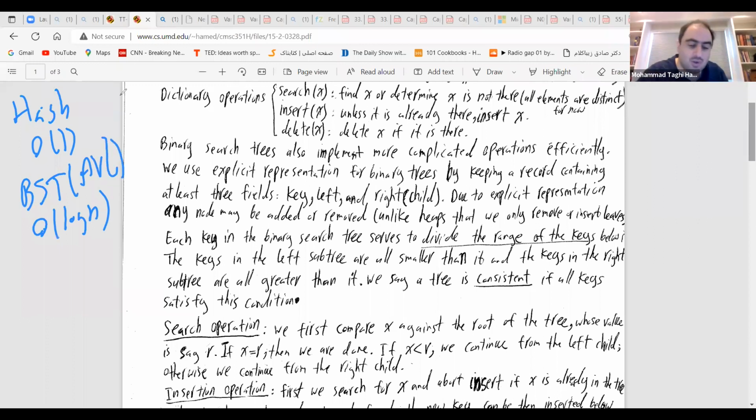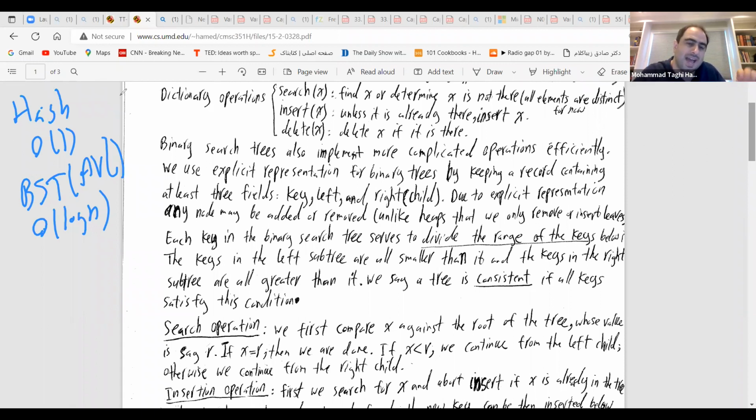So it depends. You should check. For example, in Python you need to check. I don't remember off the top of my head whether the dictionary is done via hashing or via binary search trees. But lots of them are open source, so you can see that, and depending on which one is used, you can use it for your different applications.